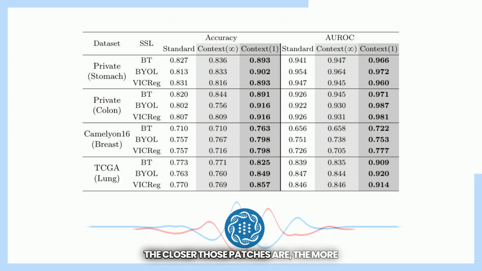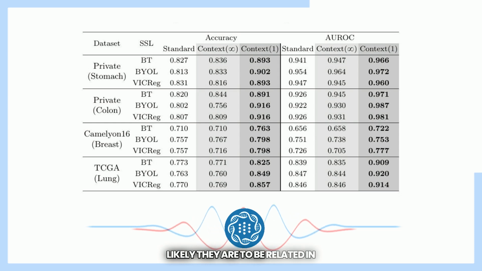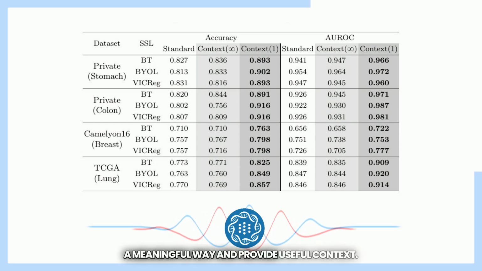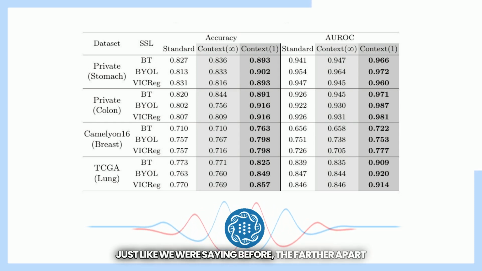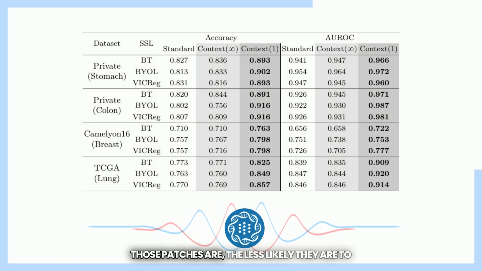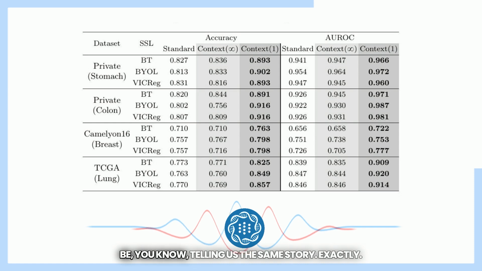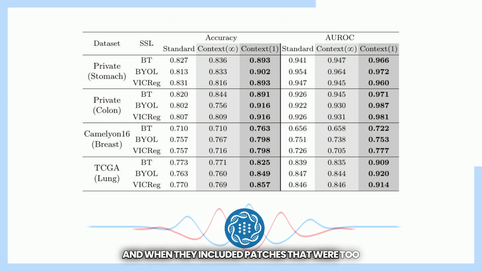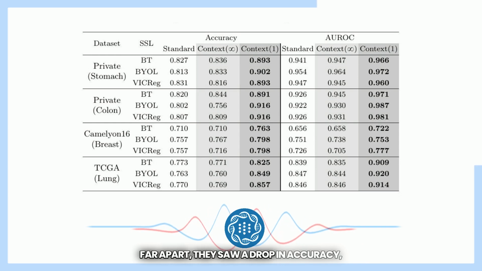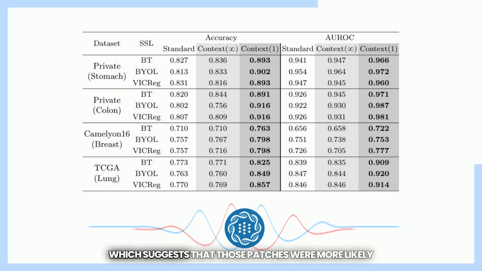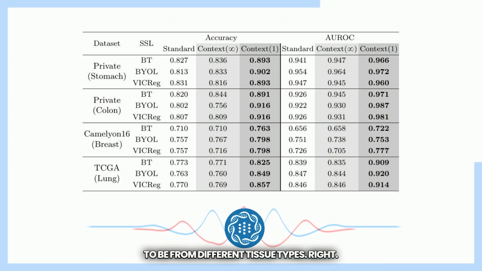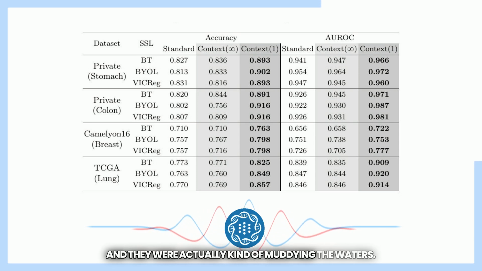The closer those patches are, the more likely they are to be related in a meaningful way and provide useful context. Just like we were saying before, the farther apart those patches are, the less likely they are to be telling us the same story. Exactly. And when they included patches that were too far apart, they saw a drop in accuracy, which suggests that those patches were more likely to be from different tissue types. Right. And they were actually kind of muddying the waters.